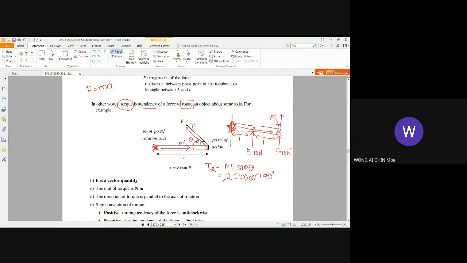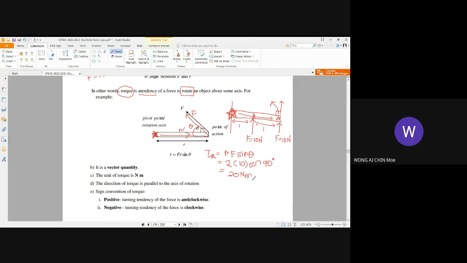So you will get 20 Newton meter. For torque at point B, it is RF sine theta, but from the reference point until point B, only 1 meter.